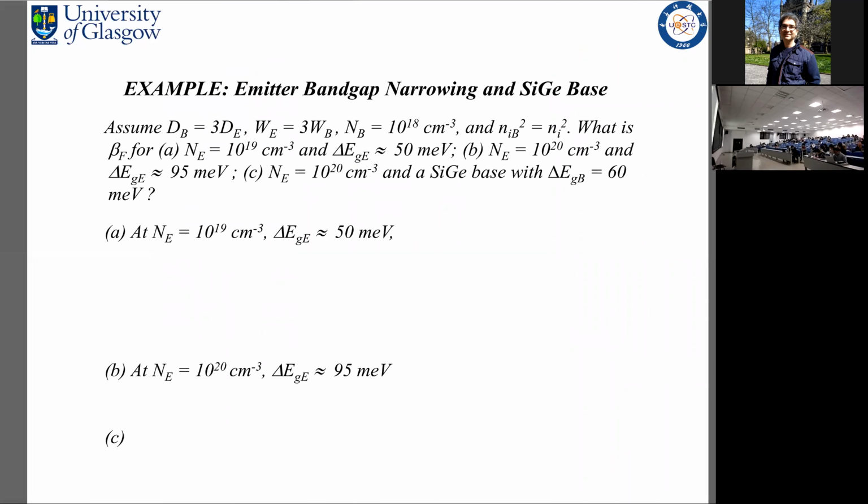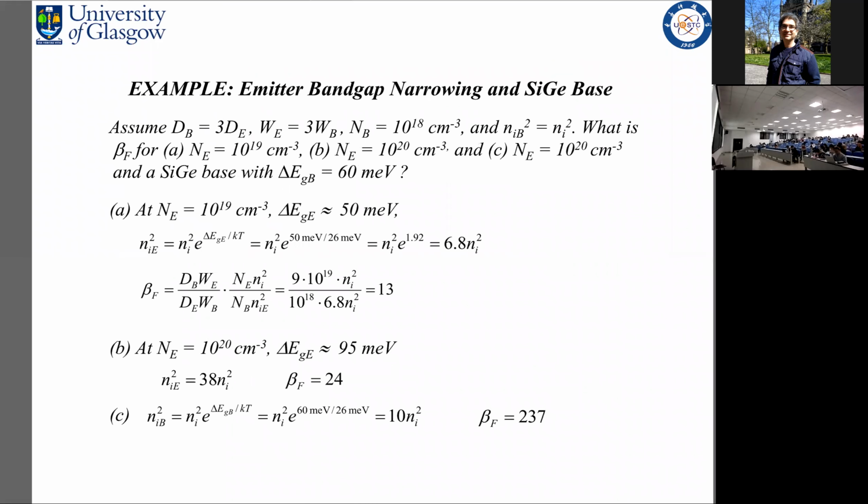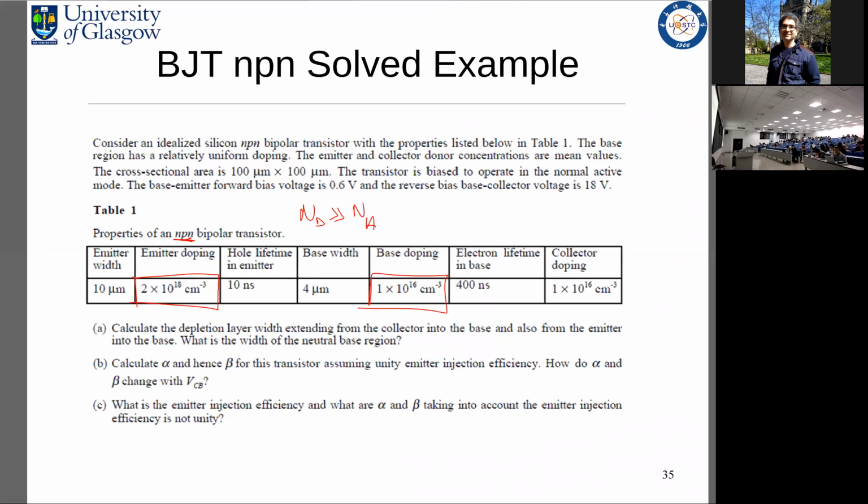Whoever had asked that question, I hope this answers your question. Number one, we never assume that the width of the depletion region is going to be 0, never, but this is just a way to simplify how to calculate the width of the depletion region, due to the fact that there is this asymmetry in the doping concentrations on either side of the PN junction.